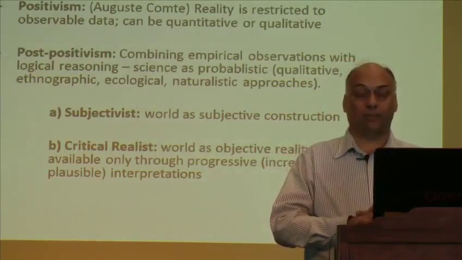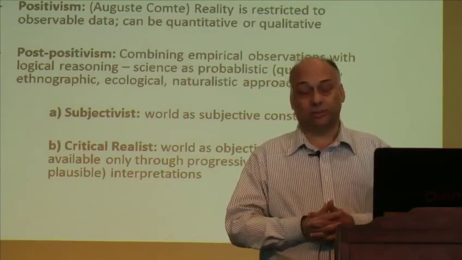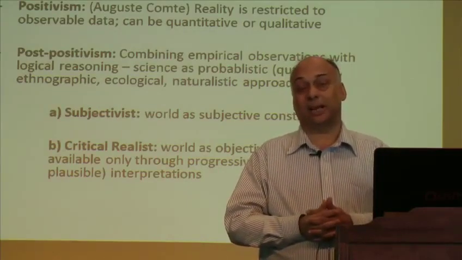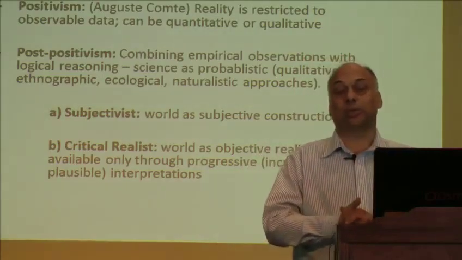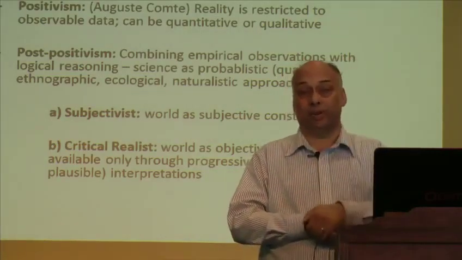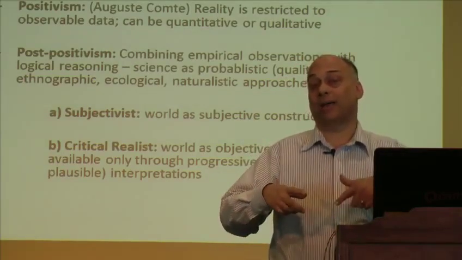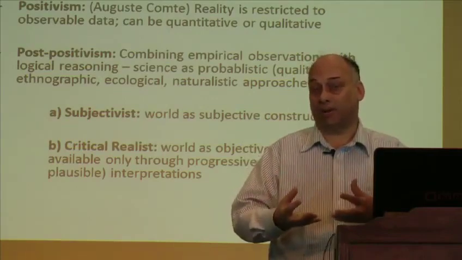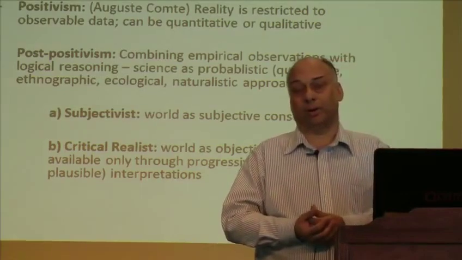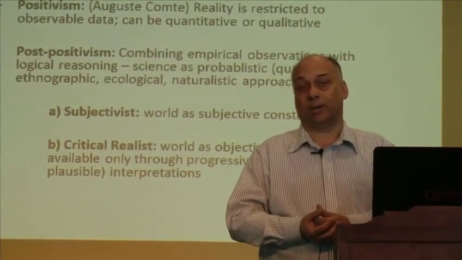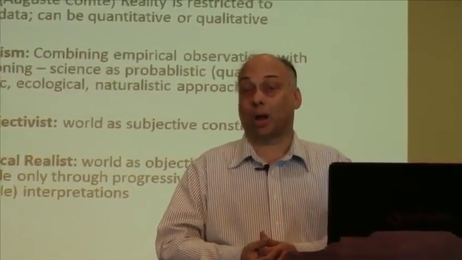And the other kind of post-positivistic paradigm is the critical realist paradigm, which doesn't hold that the world is entirely a subjective construction. It holds that the world is objectively real, but that human beings cannot arrive at a full understanding of this objective reality. Critical realism is a very key contribution of the Enlightenment philosopher Immanuel Kant.